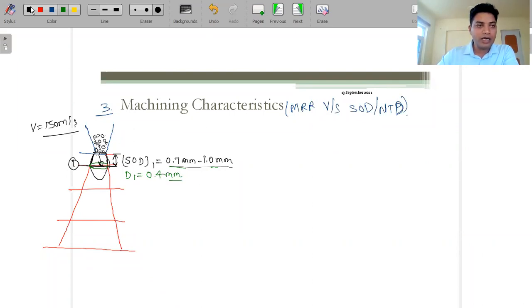Now we are increasing the standoff distance. This is the nozzle tip, and from here to here is the second standoff distance. So we have increased it, and this standoff distance will be, let's say, 5 mm.